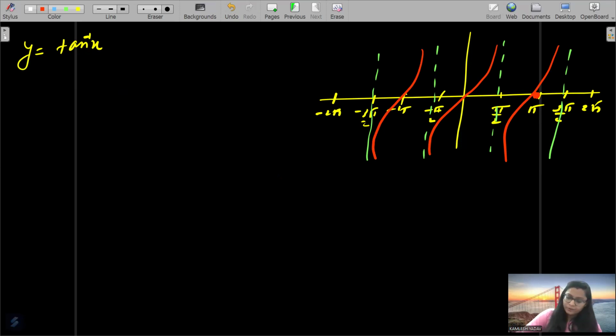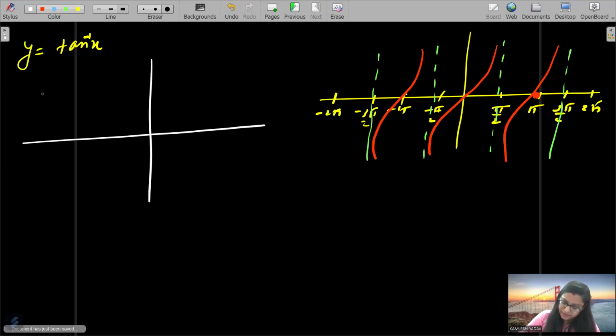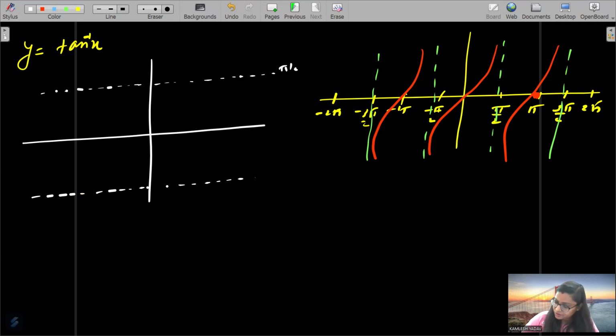Okay. Now, here we sketch the graph of tan inverse x. We draw the mirror image of tan x. Like this. This is a straight line. Okay. Pi by 2. And next for this side, which is equal to minus pi by 2.